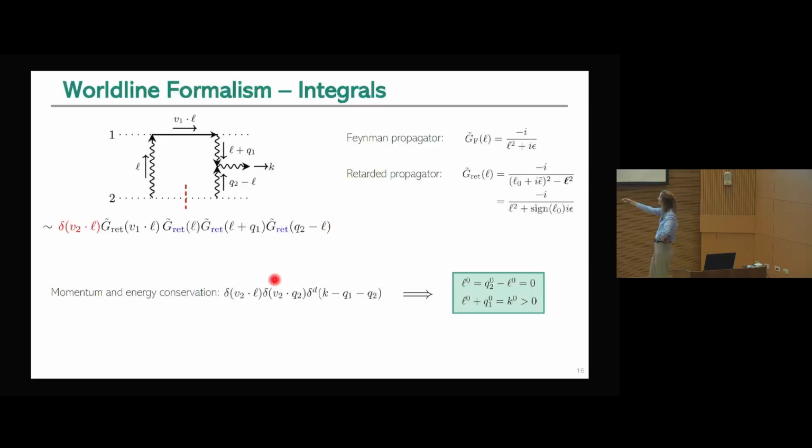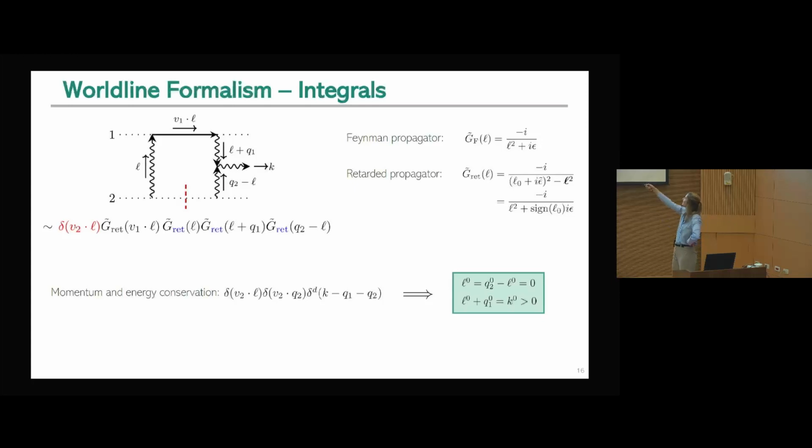By going into the rest frame of black hole 2, we can see that the energy component of this line is 0, and if this line is 0, it doesn't matter which of these propagators we choose.